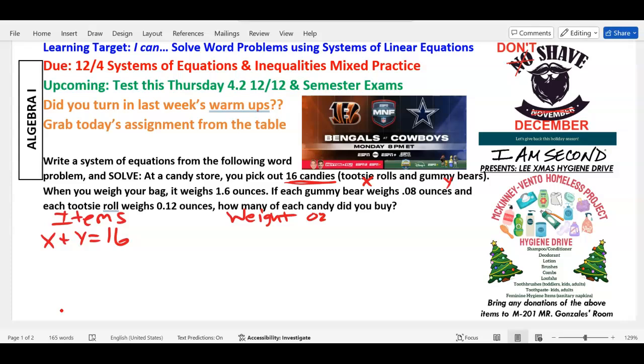Okay, so look, here's Tootsie Rolls, X, 0.12. So in the word problem, they did a switcheroo on us, right? Because they said Tootsie Rolls, gummy bears, and then later on, they went gummy bears, Tootsie Rolls. So be careful. So in front of X, I'm going to put 0.12. X plus, and then gummy bears is Y, which is going to be 0.08.